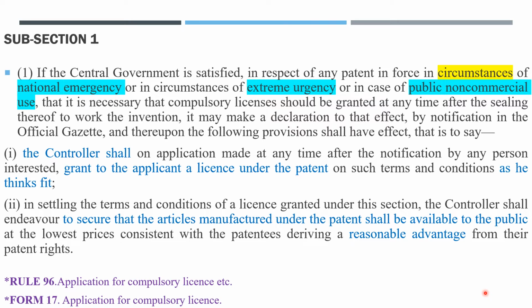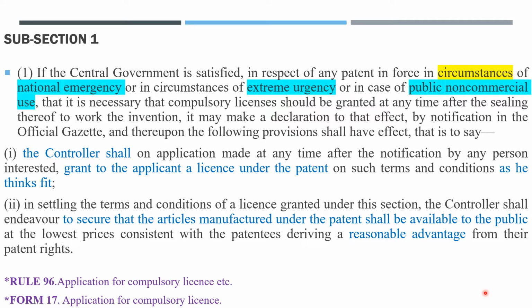I am again telling you, after the notification is made, any person interested may file an application for the grant of a compulsory license, and the controller shall grant a license under the patent with such terms and conditions as he thinks fit.